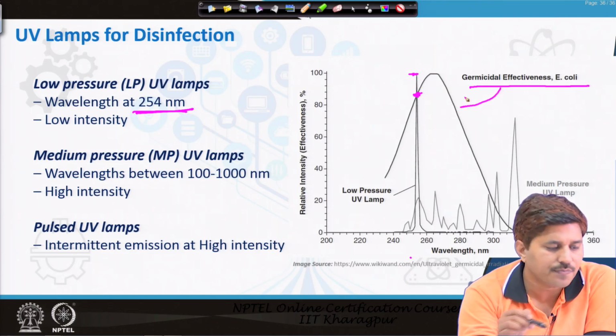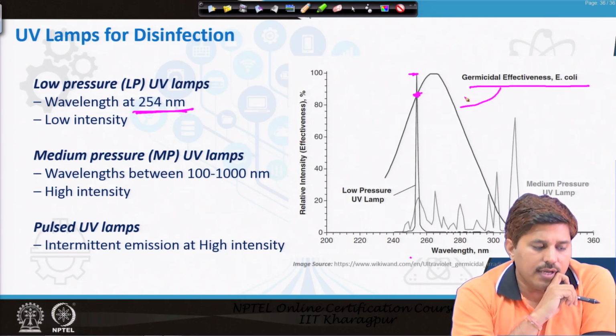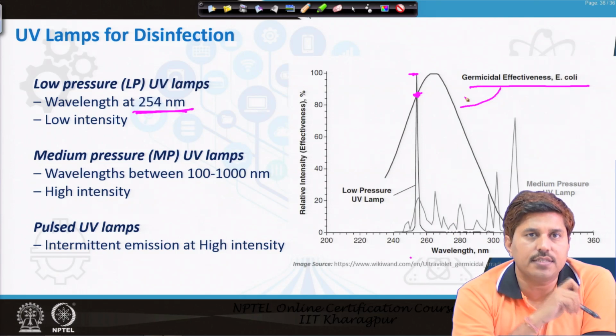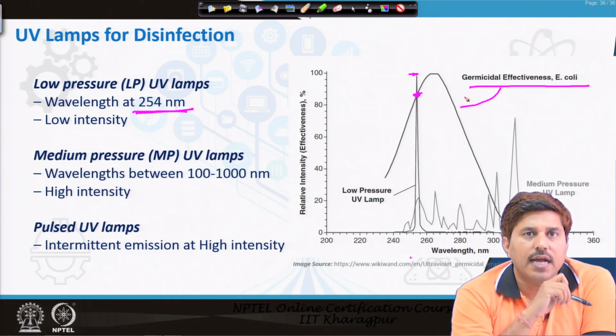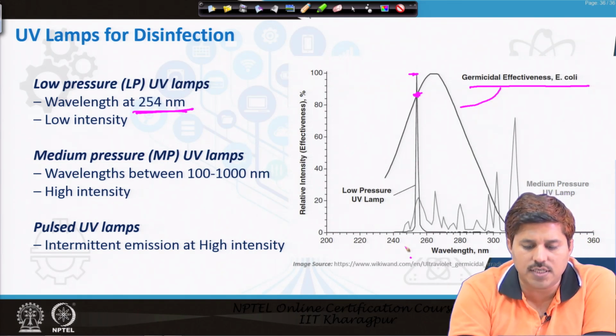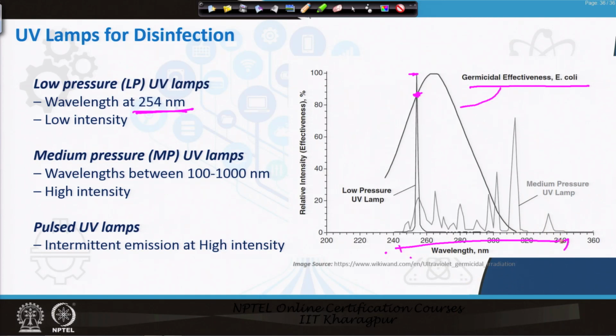The medium pressure lamp has high intensity as opposed to the low pressure lamp, which works at a low intensity. The medium pressure lamps have high intensity and they work over a far wider wavelength range, including higher wavelengths, and a cumulative effect appears, and the intensity is also very high.